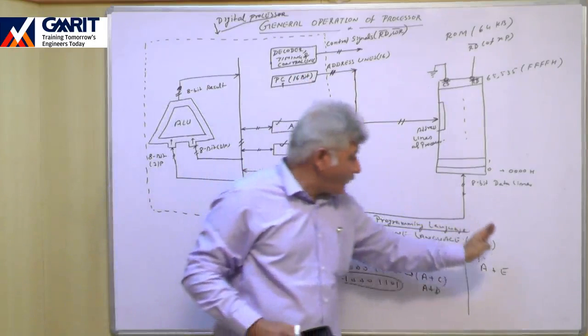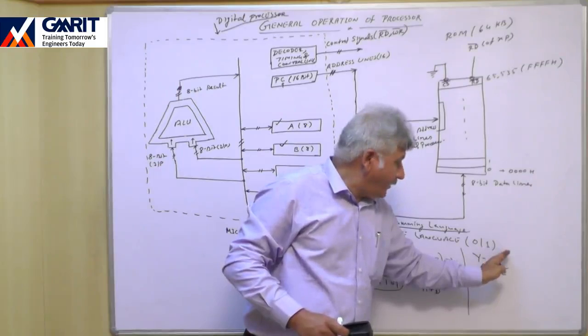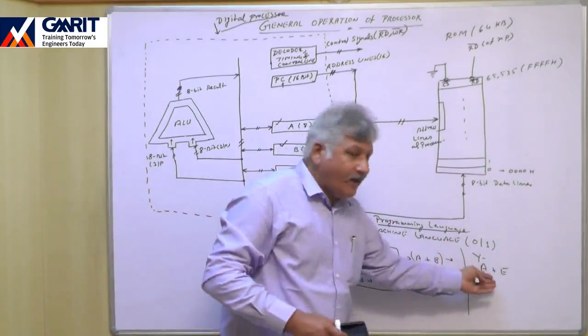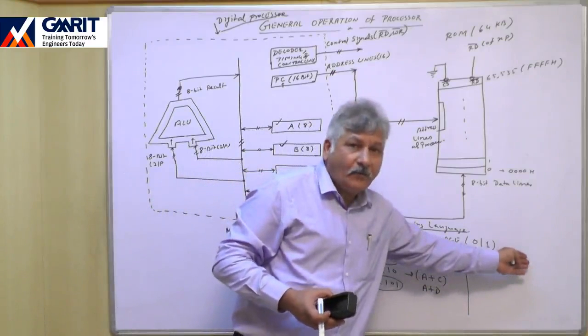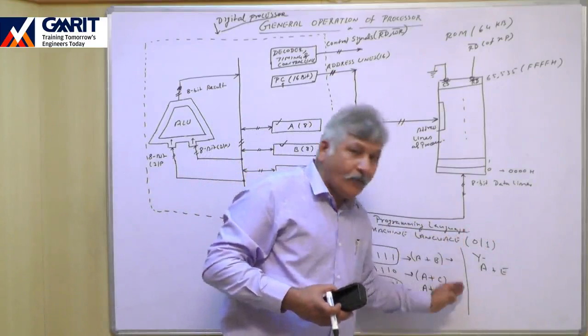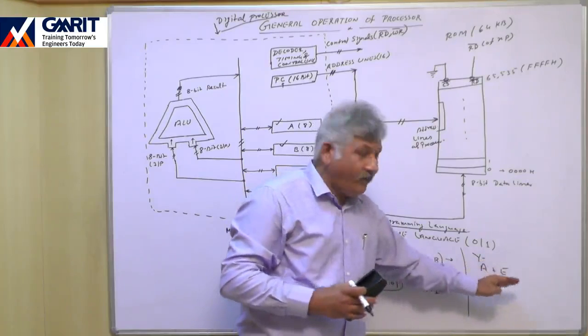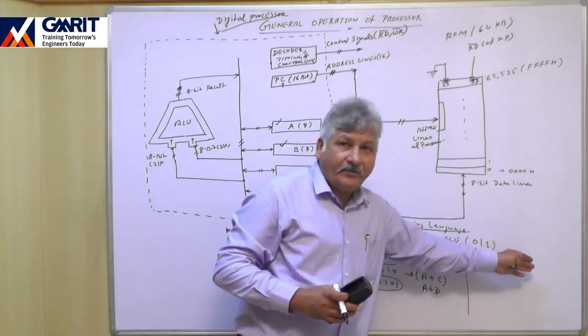If we are using the processor of company Y, then there may be a different meaning for the same binary pattern. So the same program you cannot run on another processor.